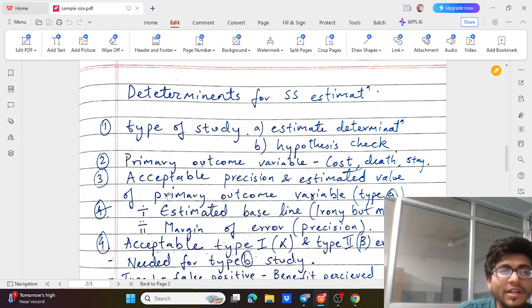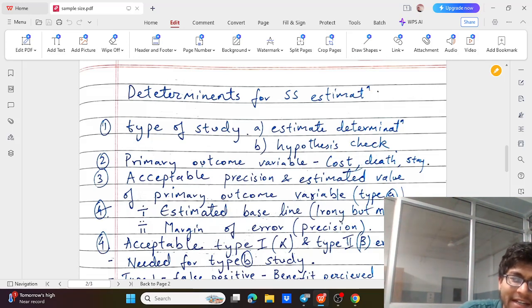Then coming to the acceptable precision and estimated value of our primary outcome variable. And this is especially for type A, that is the estimate determination type of study. So first we need to have some baseline, that is the previous value from other studies, the estimated baseline.